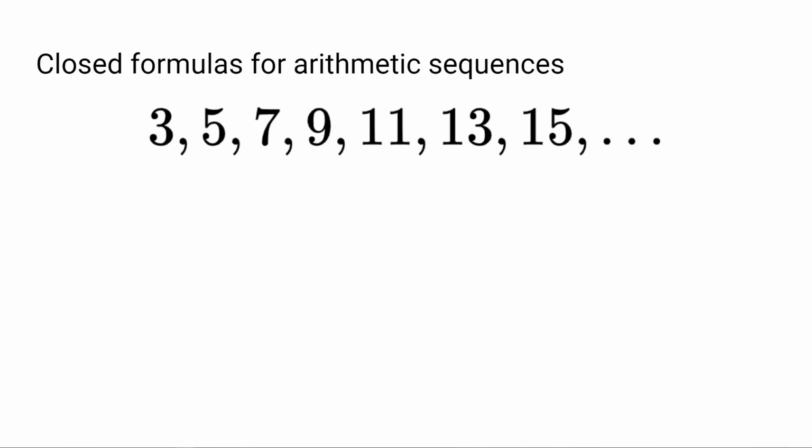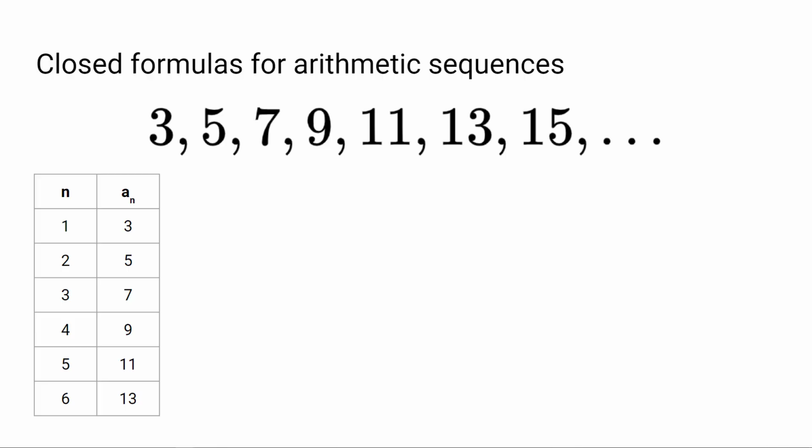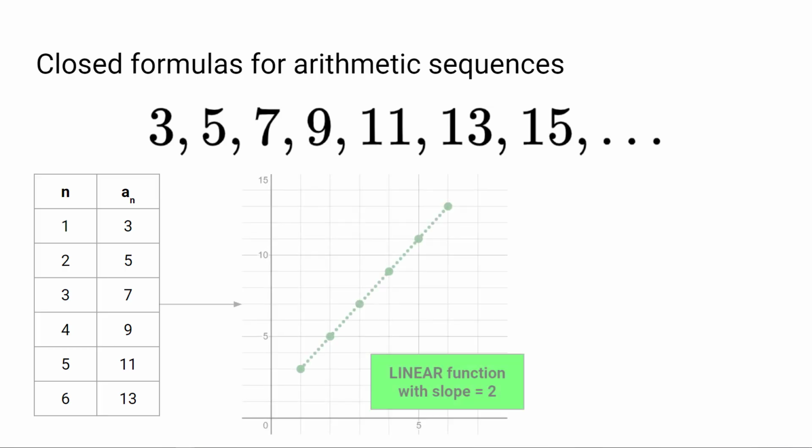To get a closed formula for our star sequence, for example, we can use some concepts from basic algebra. If you think of a sequence as a function, which is what we do when we make a closed formula for it, then what you might notice about this function is that it increases at a constant rate, always up 2 for every increase of 1 in the input. Functions that behave like that are called linear functions.